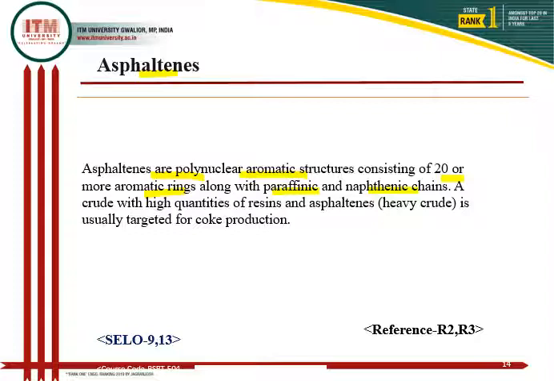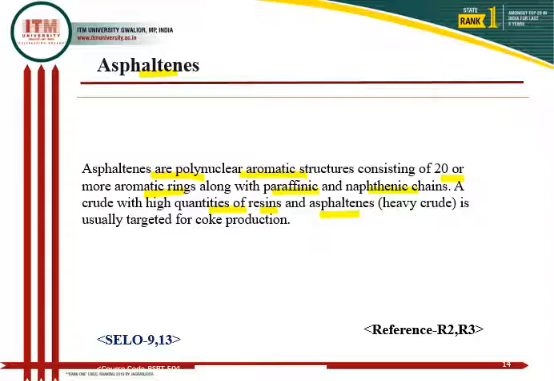A crude oil with a high quantity of resins and asphaltenes is called heavy crude oil, because they are all higher molecular weight polynuclear aromatic compounds. So if their percentage is higher, it is said to be heavy crude.